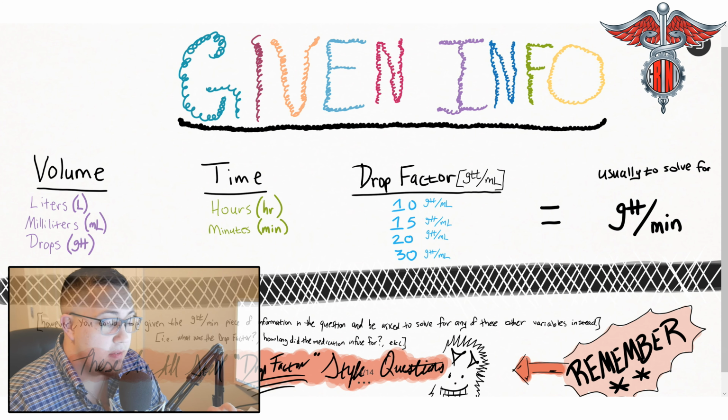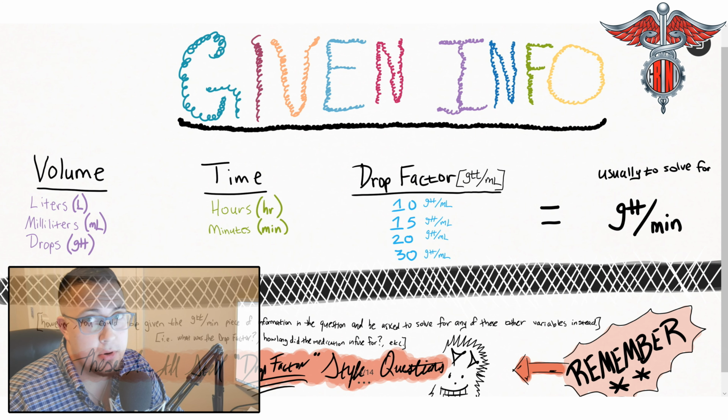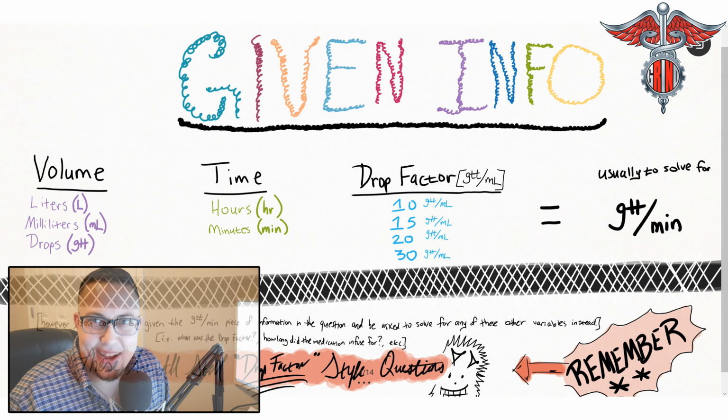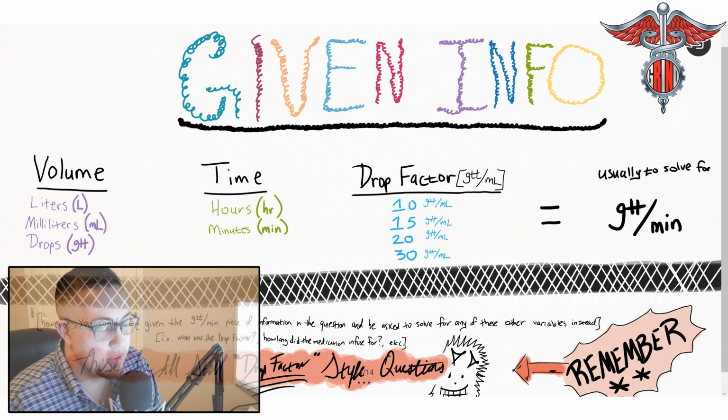You could be given, like we said, you're usually being asked to solve in drops per minute. How many drops of fluid infused into this patient per minute? Bear in mind, although usually you're supposed to solve in drops per minute, you could be given the drops per minute piece of information in the question and then be asked to solve for any of these other variables instead.